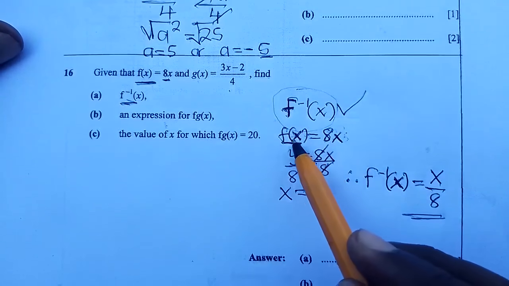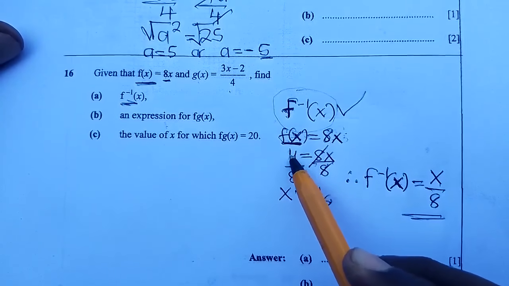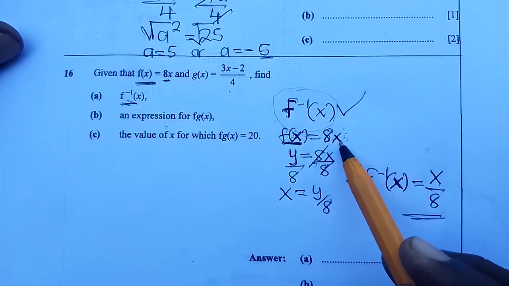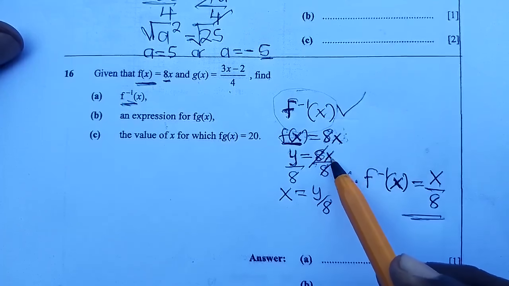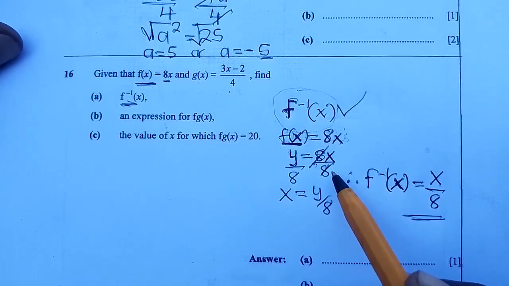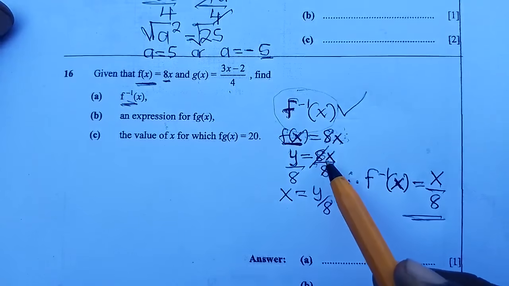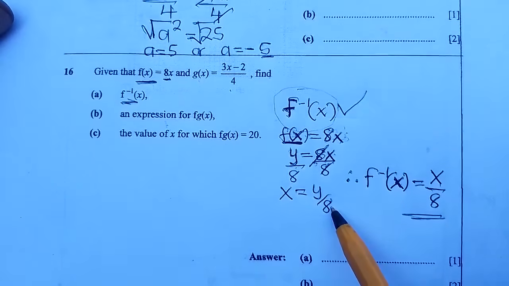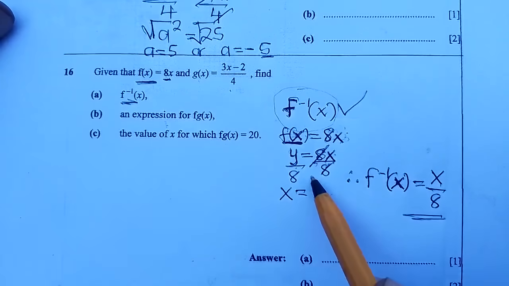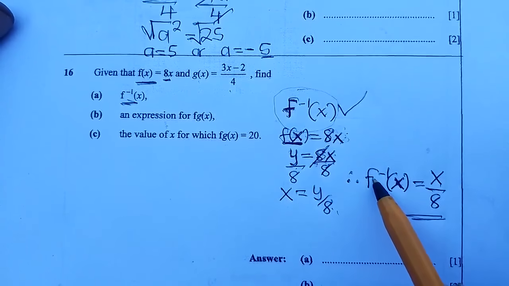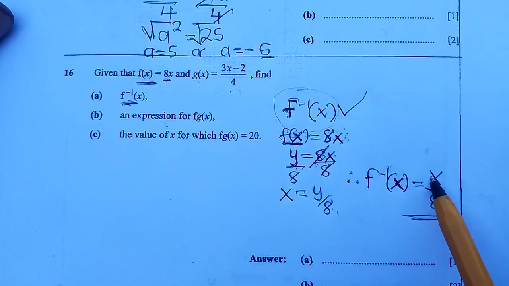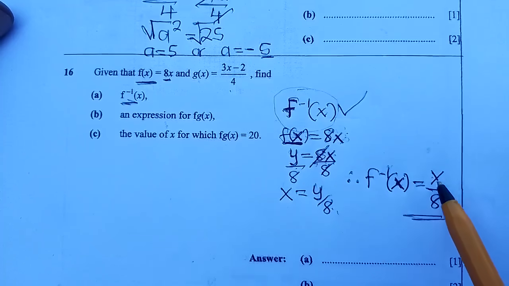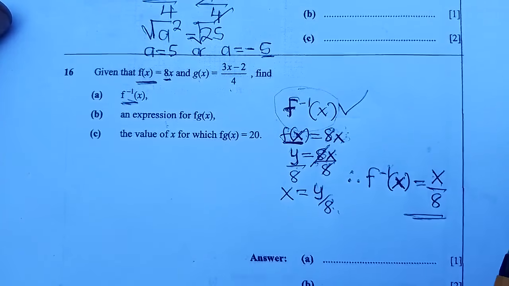Then where there is f of x, I put y is equal to 8x. Then I make x the subject of the formula. I divide by 8, 8 cancelled. x is equal to y over 8. Therefore, f inverse of x is equal to, where there is y, I put x.